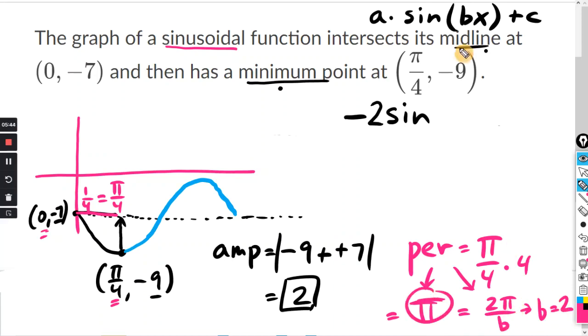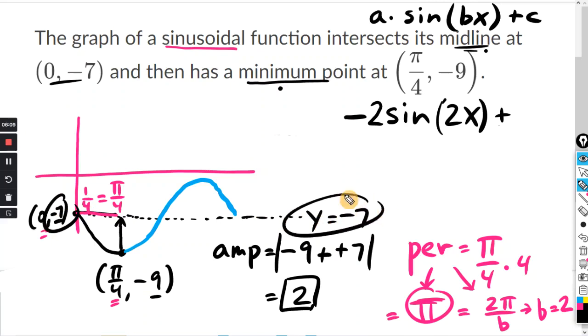So since b equals 2 right here, we're going to have bx, or it's going to be 2 times x. And finally, the midline, the plus c, that's easy because they gave that to us in the problem. Okay, this line right here, we're looking at the y-axis. The y-coordinate is just -7. So this line right here is y equals -7.